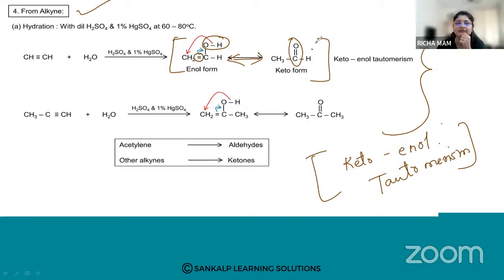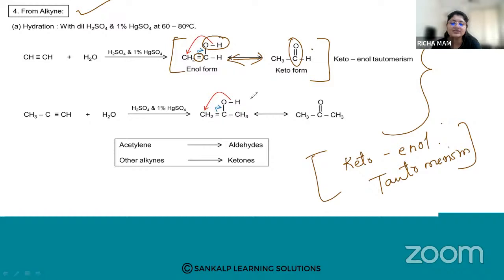Is it clear? Any doubts up to here? So we have seen three preparations today. First, by doing a controlled oxidation on alcohols, we can yield aldehydes or ketones respectively. Secondly, we have discussed ozonolysis of alkenes.